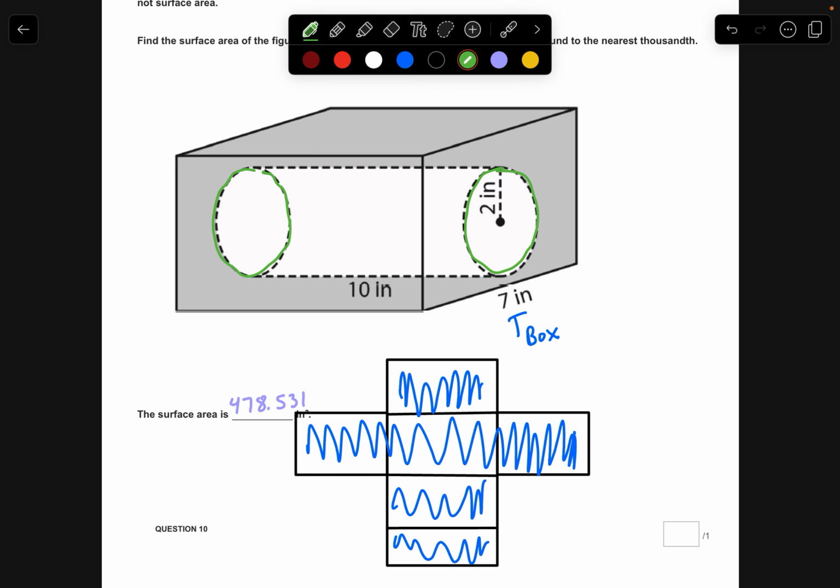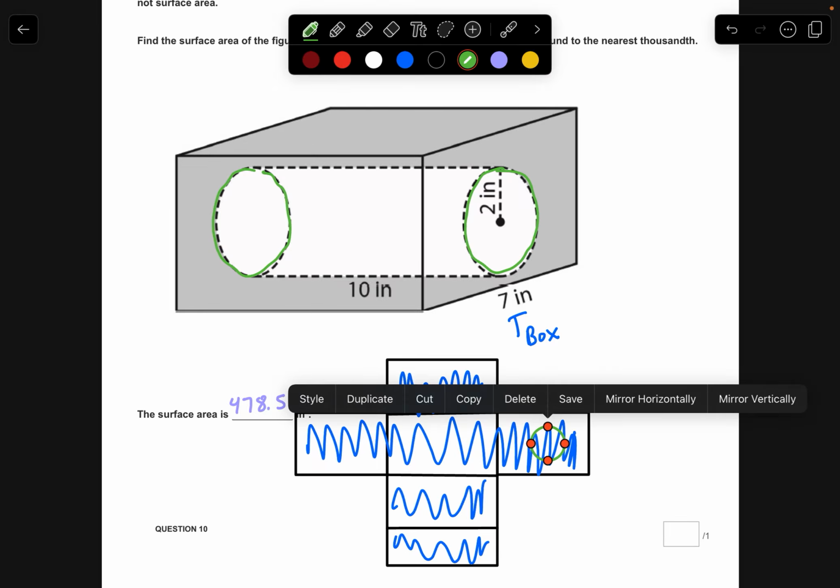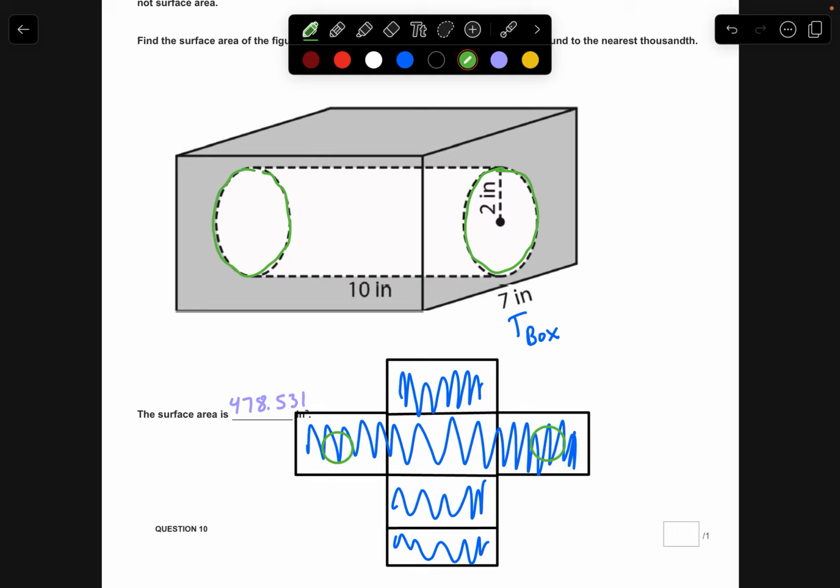Those are not there. So on my net here, there's a circle-shaped hole on 2 of the faces. These are gone. That is not there. I have to subtract 2 circles to account for that.